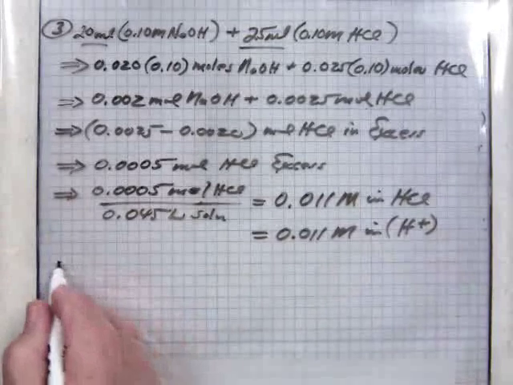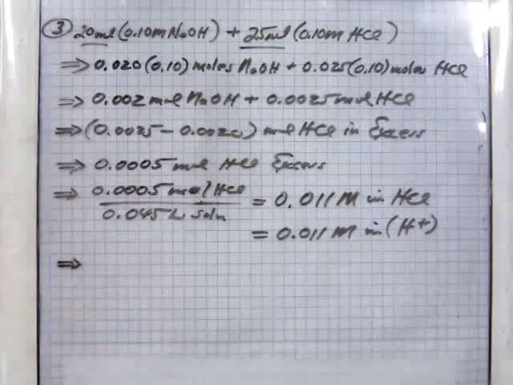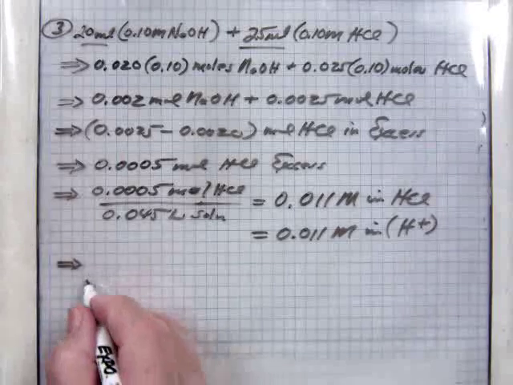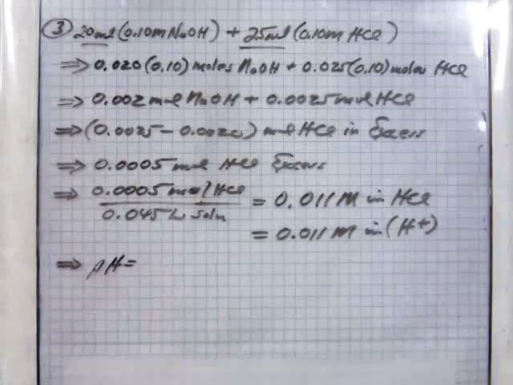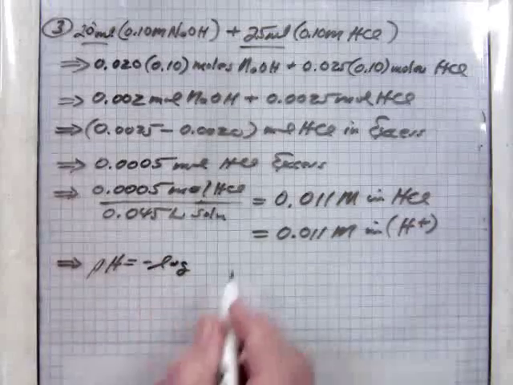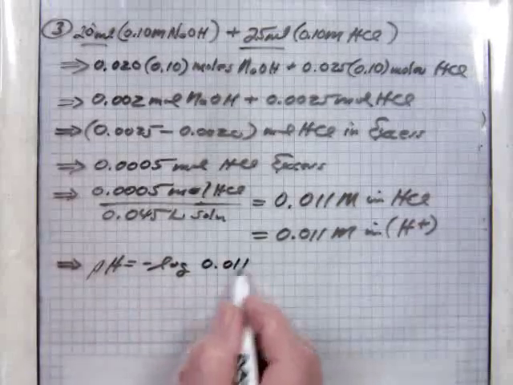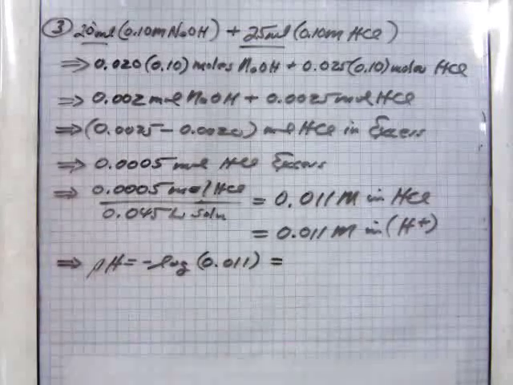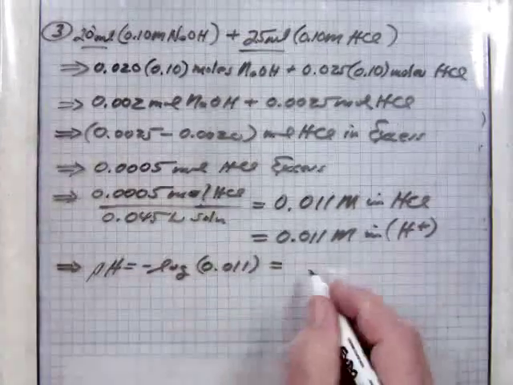So the point for the third position on the titration curve, pH, at 20 mil addition, minus log of the 0.011, would be 1.95.